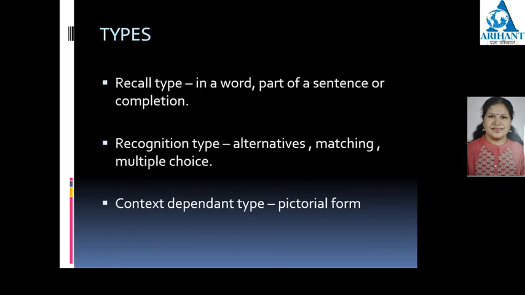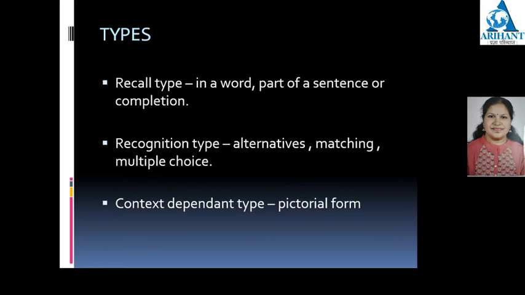For example, what is the chemical name of vinegar? This is a recall type question. Here the answer is in a word. So these are recall type objective test items.